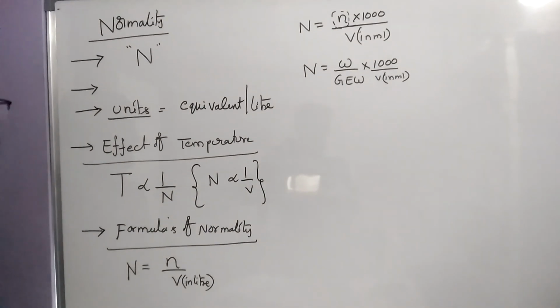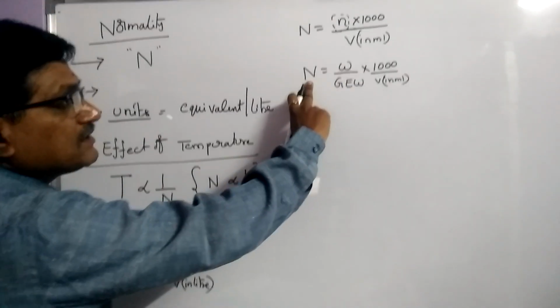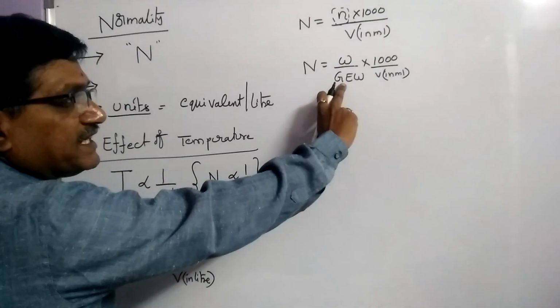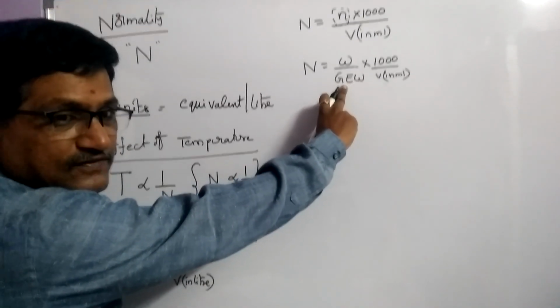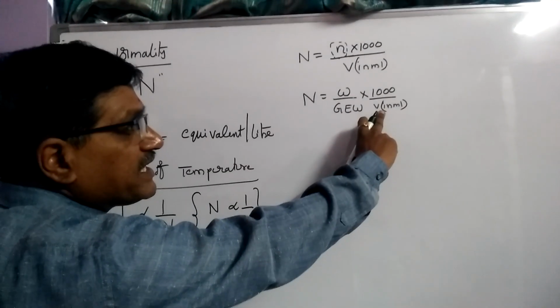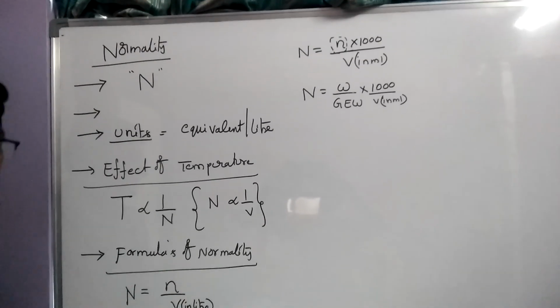Here N is the normality of the solution, W is the weight of the solute, GeW is the gram equivalent weight of the solute, V is the volume of the solution in ml.